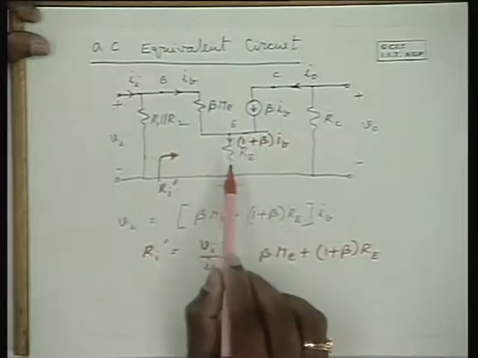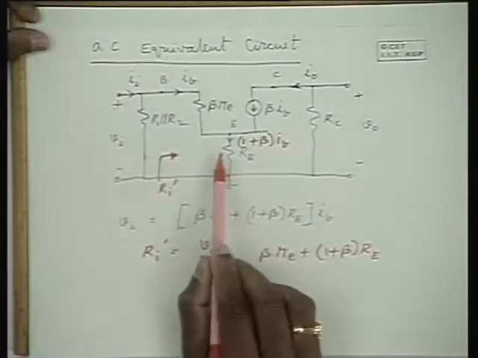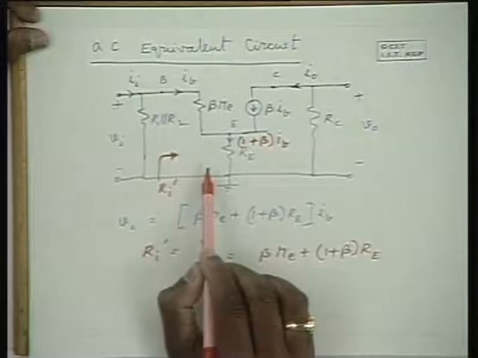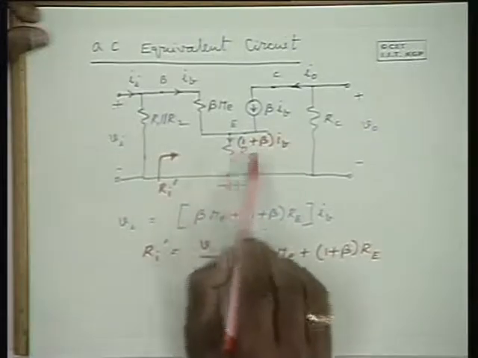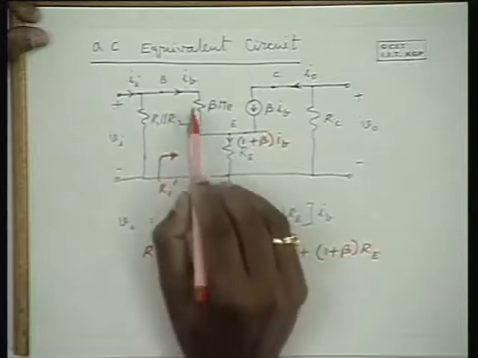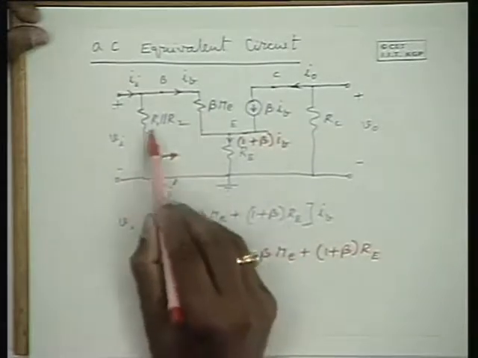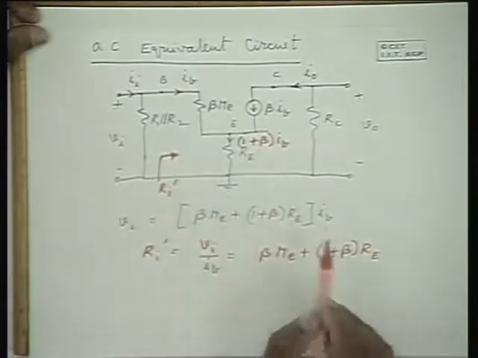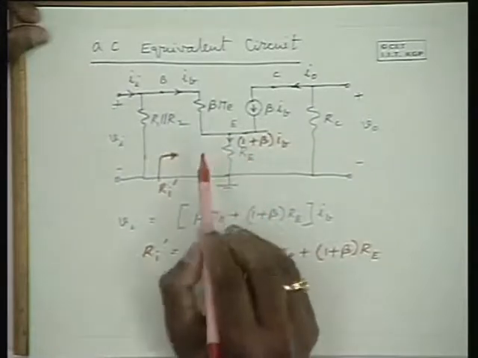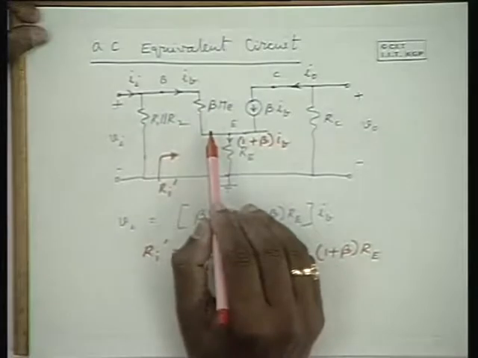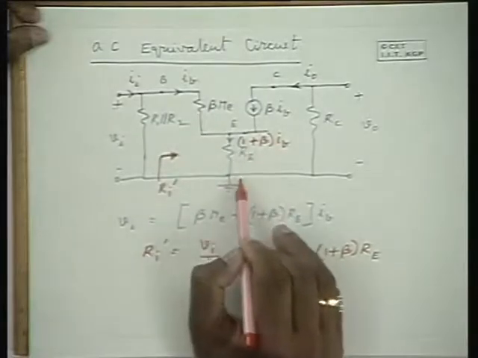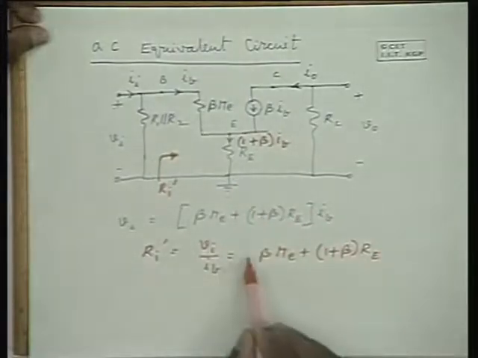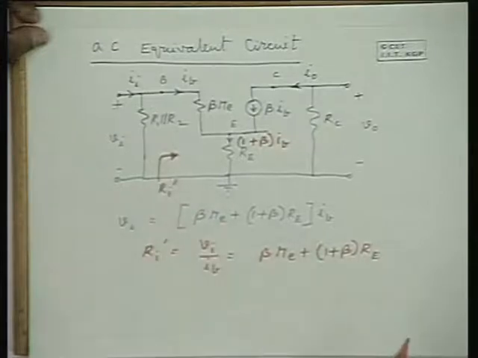Therefore, introducing Re here is like introducing Re into 1 plus beta as a resistance in series with this. When Re was not there, the input impedance was beta Re here, and overall it is R1 in parallel with R2 in parallel with beta Re. So here it was only beta Re. Now by introducing Re, what's happening? The input impedance is becoming beta Re plus 1 plus beta into Re. So that's why the expression for the input impedance here is like this.